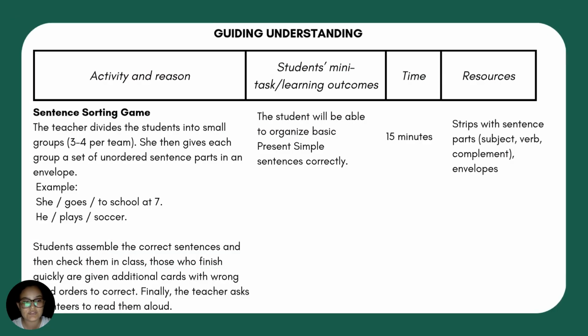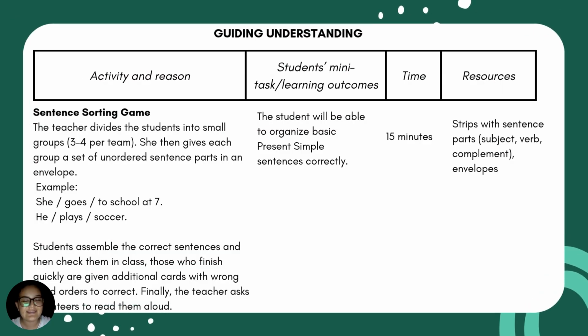That is the conclusion. And the kind of understanding in this part: the teacher divides students into small groups, maybe 3 or 4 teams, and the teacher gives each group a set of sentence parts in an envelope. Okay. For example, she, to school, at 7 p.m., goes.